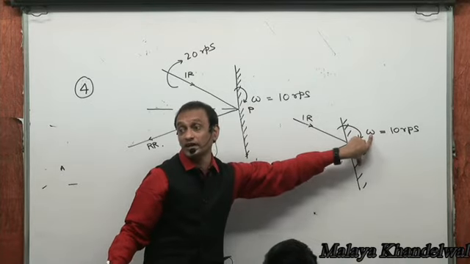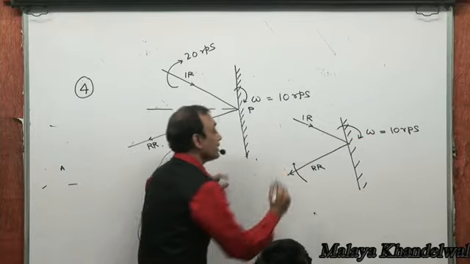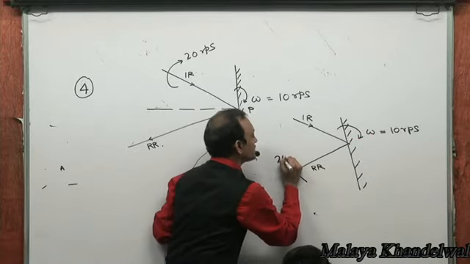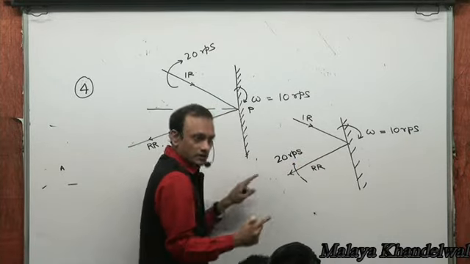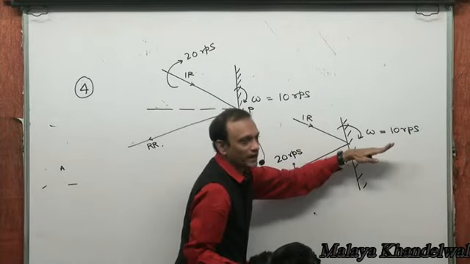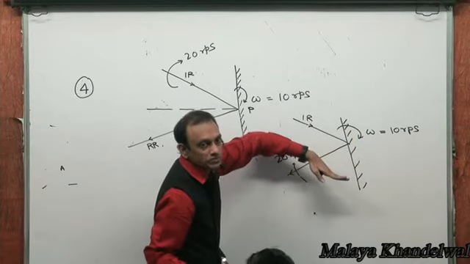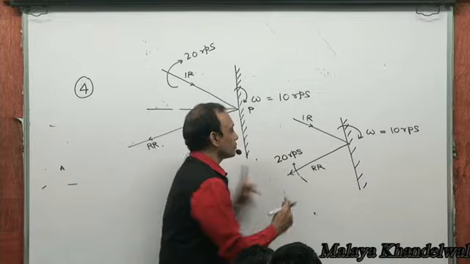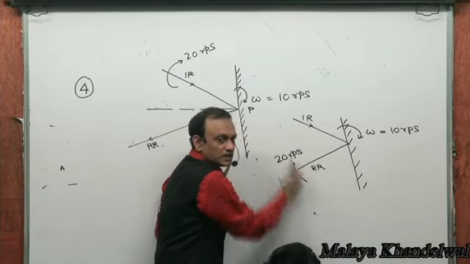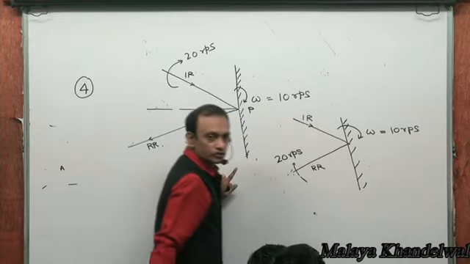Yes or no? That means it will rotate in this sense at the rate of 20 revolutions per second. Isn't it? If the mirror is rotated by an angle theta, the reflected ray rotates by 2 theta, right? So that's the effect of the mirror alone. The reflected ray will rotate in this sense at the rate of 20 revolutions per second.